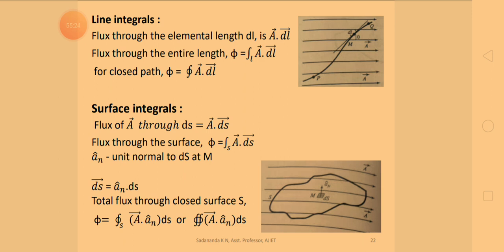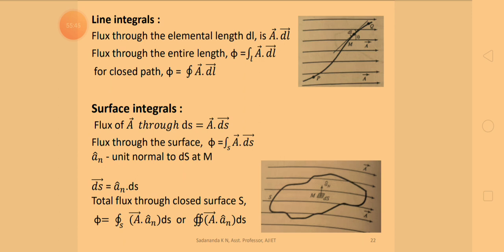Since the elemental length dl is considered in the vector field, the vector lines are crossing that elemental length dl. Therefore, the number of field lines passing the elemental length can be written as vector A · dl.